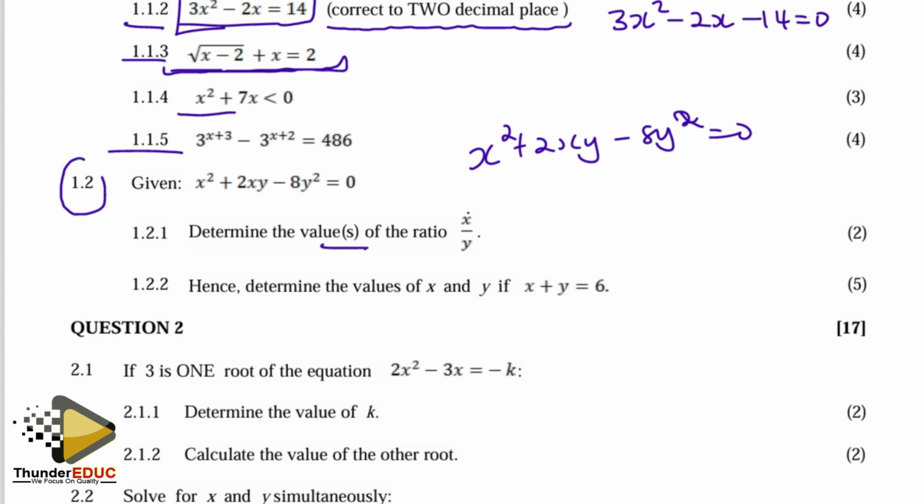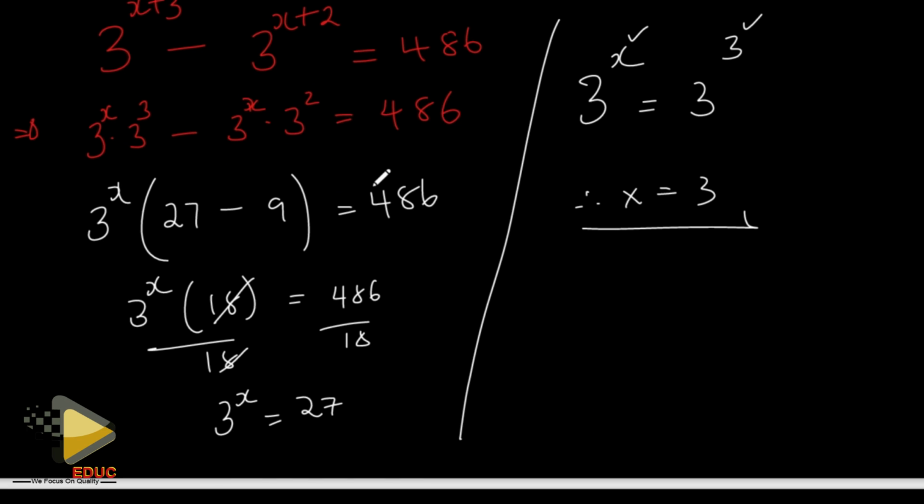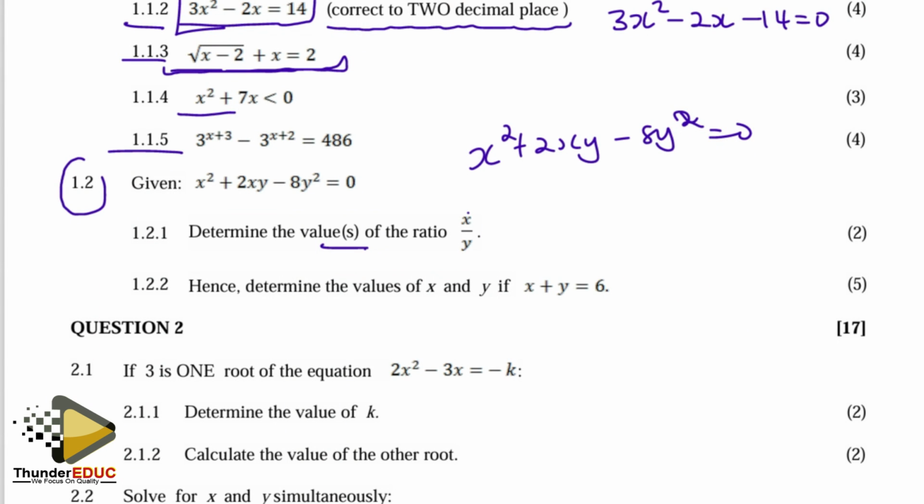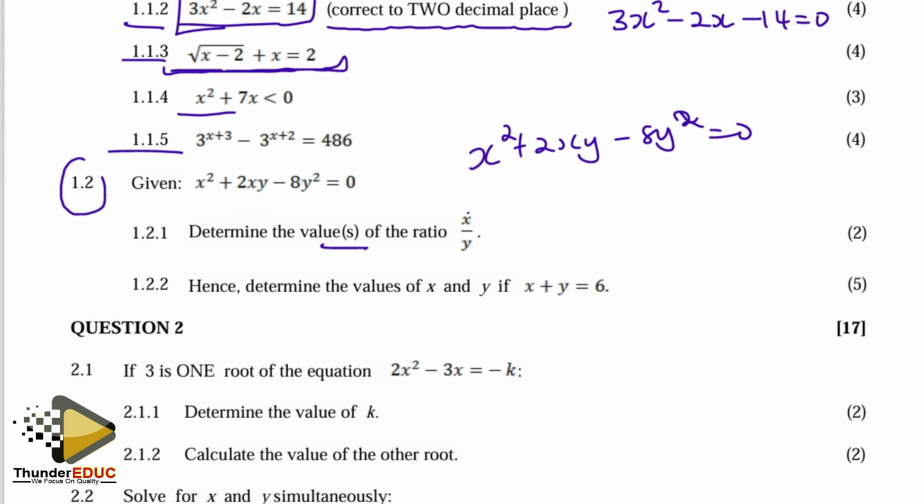Yes, it's a quadratic. Let me write this side where I have enough space. 1.2: x squared plus 2xy. Is it plus 8y squared or minus? It's minus.